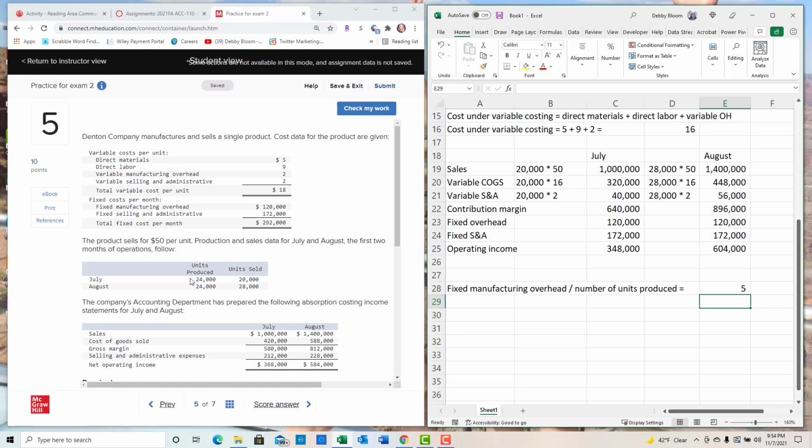Now you're going to notice that in each case, the difference between the number of units produced and the number of units sold is 4,000.